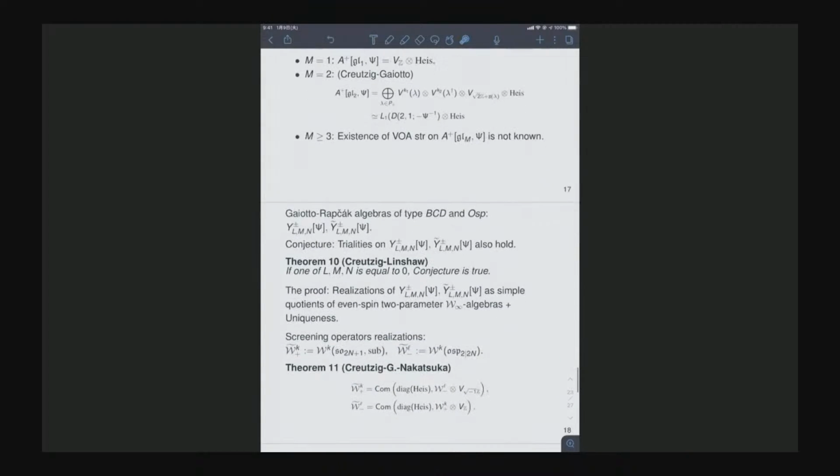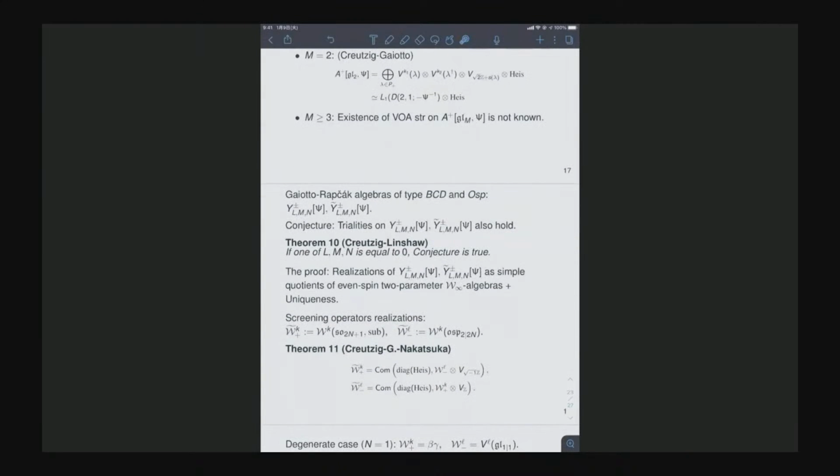Okay. The second comment is about other types. I mean, we talked about A-type statements, but Creutzig–Gaiotto introduced other types, types B, C, D and OSP. They denote such algebras Y plus minus and Y tilde plus minus. And they conjecture that there are also trialities between these Y plus minus and Y tilde plus minus.